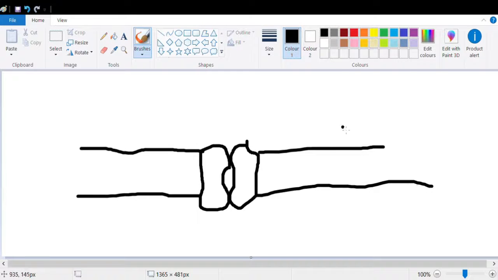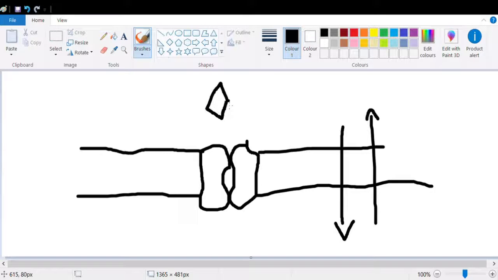Also, this is a ligand, and there are some proteins attached here.